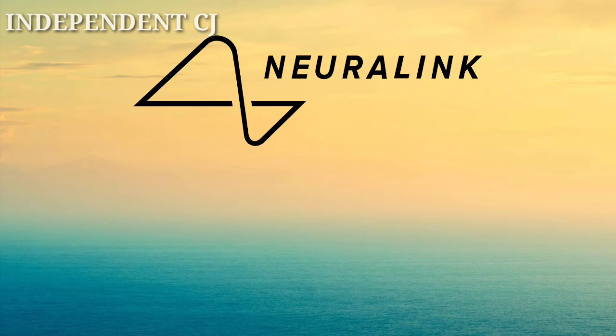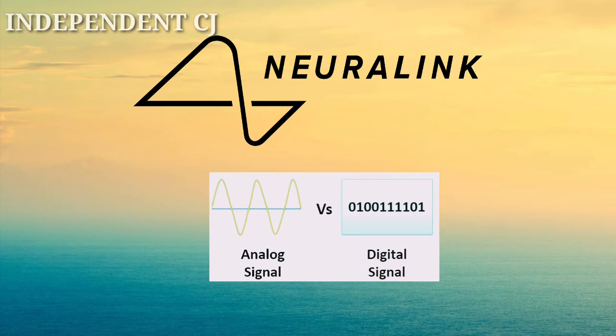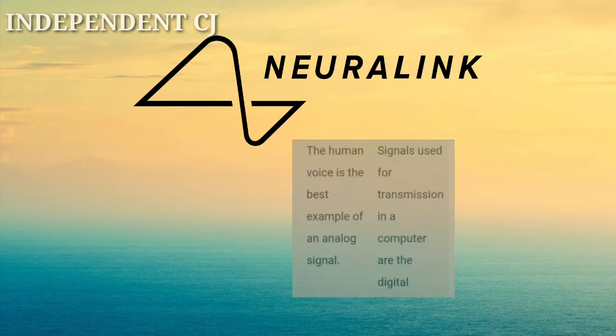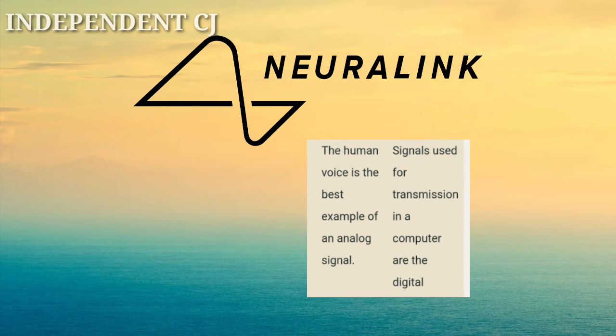Now we can go to the functions. Before going to the functions, you should know the basic information that the brain produces analog signals, and computers and phones produce digital signals.